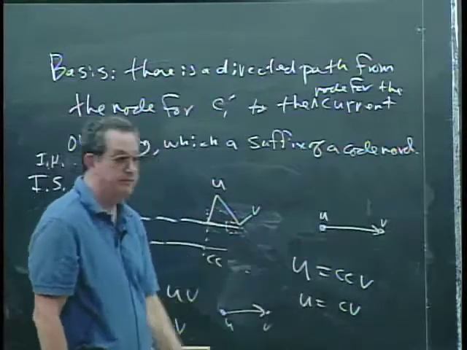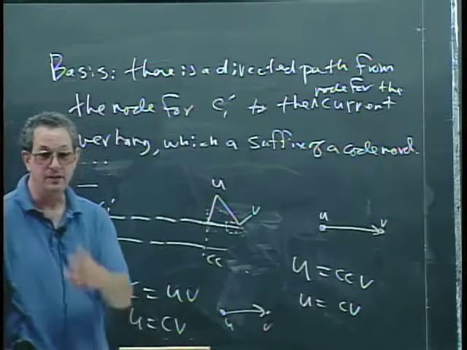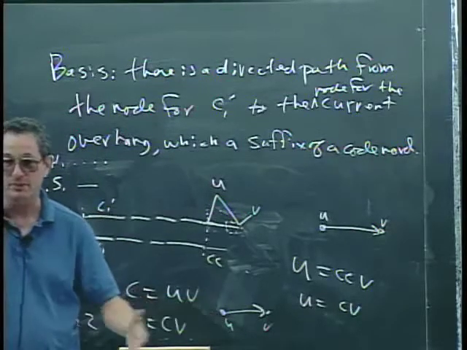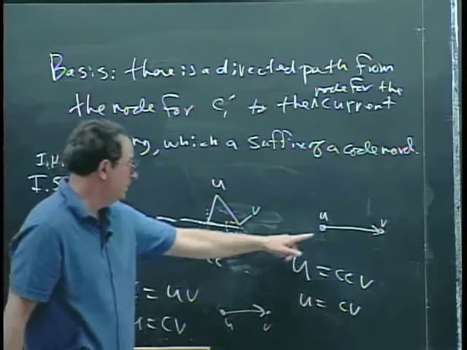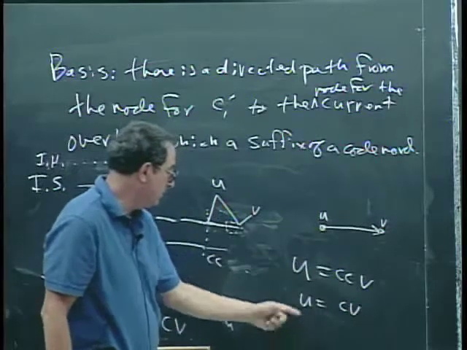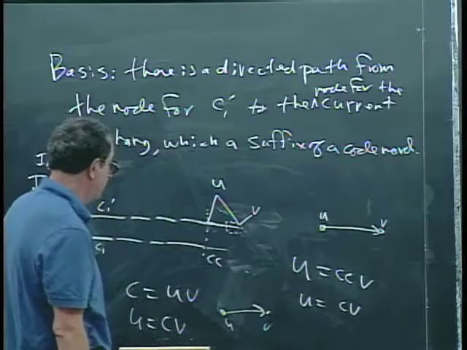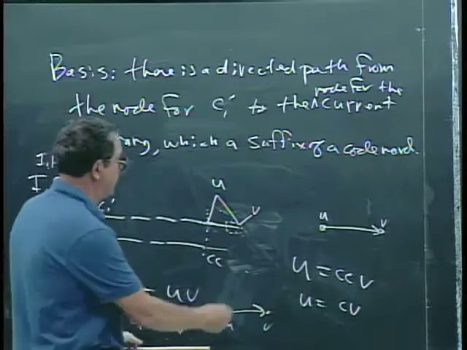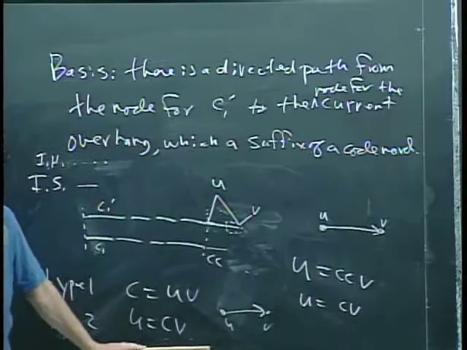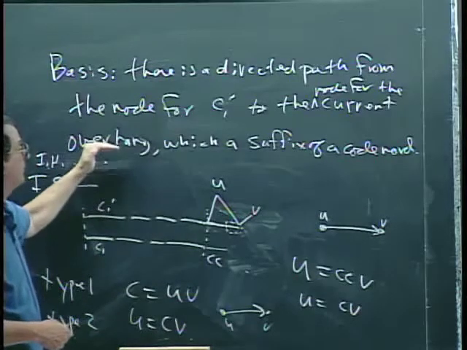Why is V a suffix of a code word? Yeah, because a suffix of a suffix is just a suffix. It's a suffix of the suffix of a code word, so it must be a suffix of a code word. So U is a suffix of a code word, V is a suffix of a code word, CC is a code word, so U equals CV is a type 2 rule that demonstrates that there's an edge in the graph from U to V. And so again, we see that there's a directed path from the node for C1 prime to the node for the current overhang.